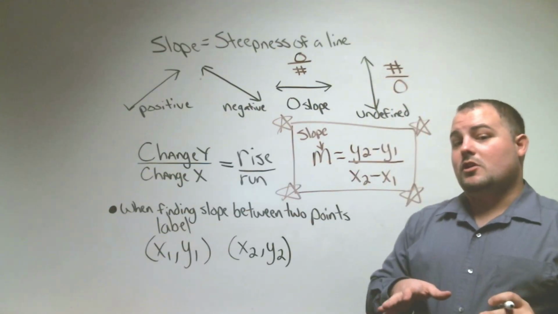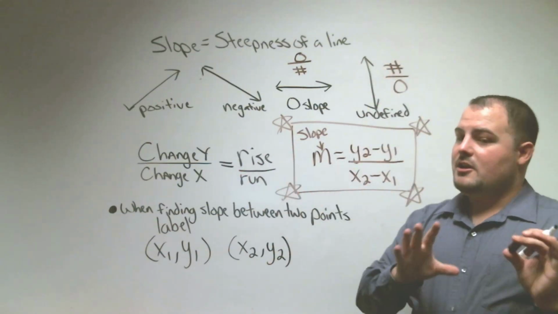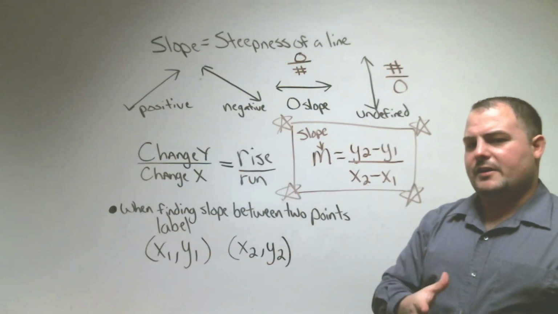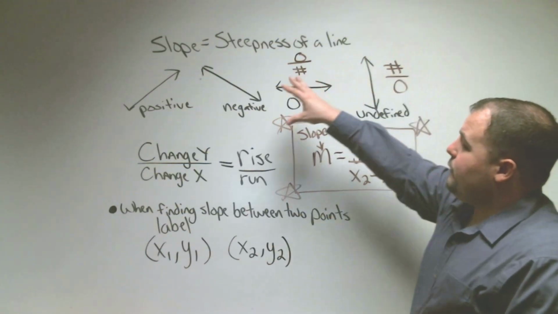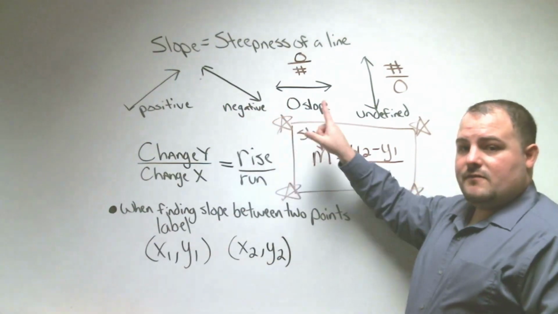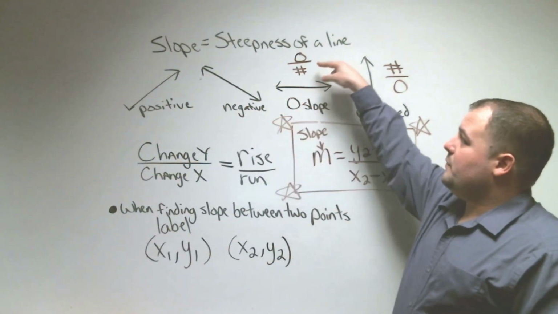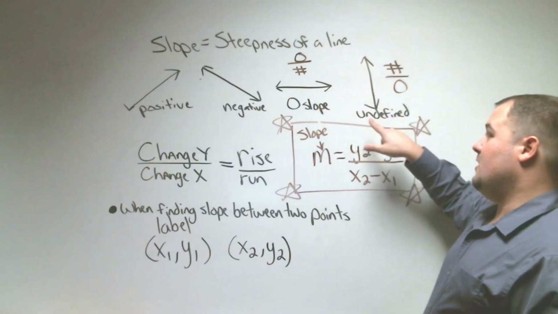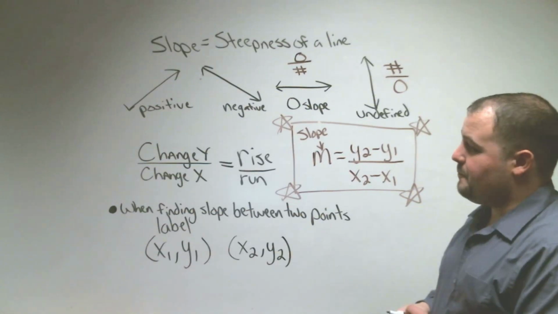So anytime you have 0 on the bottom, that means you're not going to go right or left, but you are going to go up or down. And this will make sense once we actually start graphing by using slope. So, we have 4 different types of slope: positive, negative, no slope, and undefined. And if it's no slope, that means 0's on the top. And if it's an undefined slope, that means 0's on the bottom. That's one thing to remember.